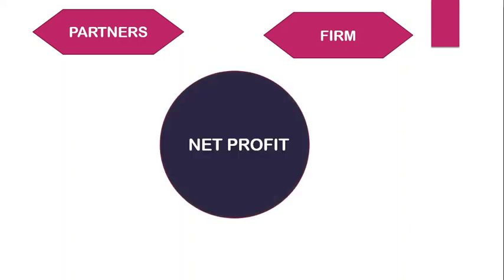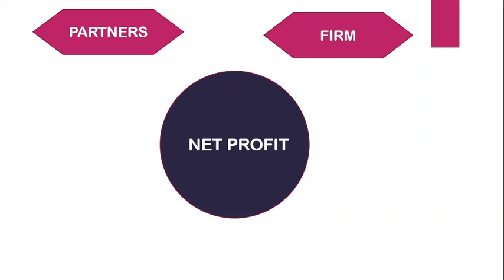Now as you know, once the net profit is calculated, it's between the firm and partners, because net profit is calculated after taking all the indirect expenses and income. What we learned in class 12th is that this net profit is to be distributed by the firm to the partners.